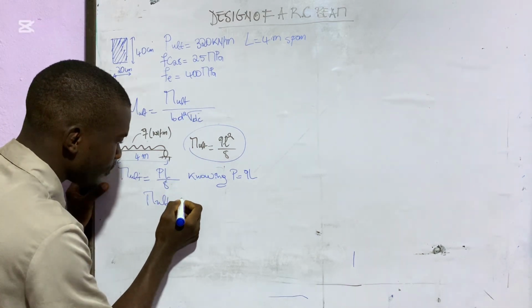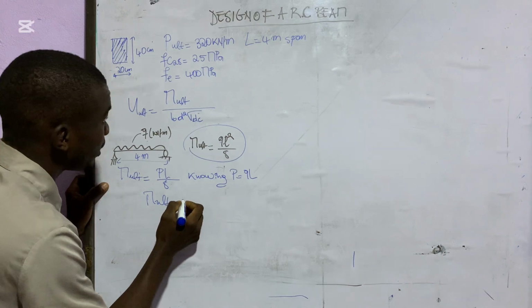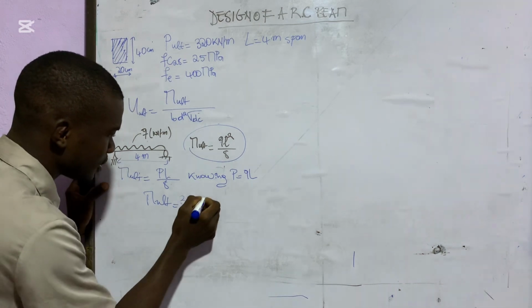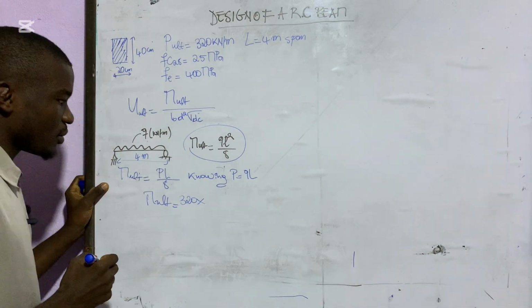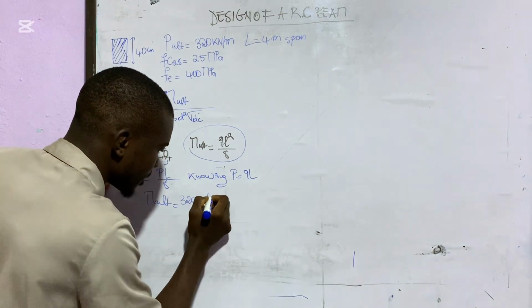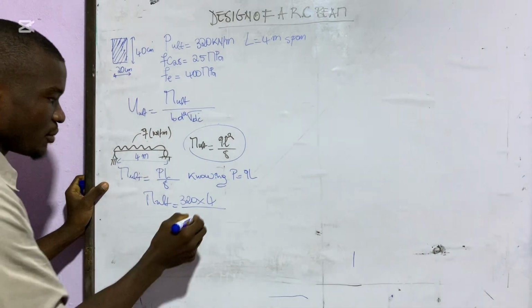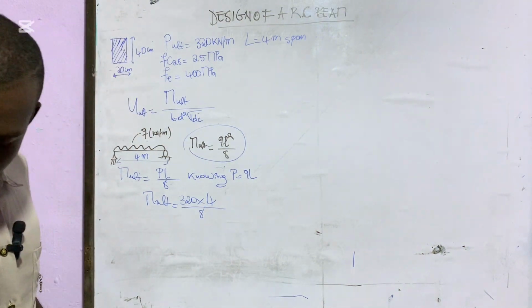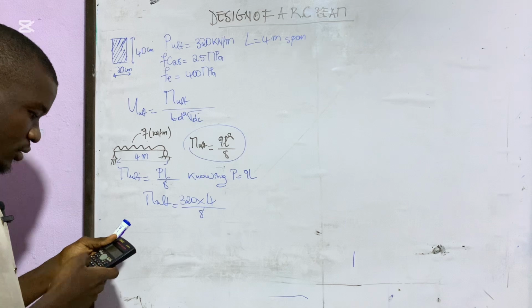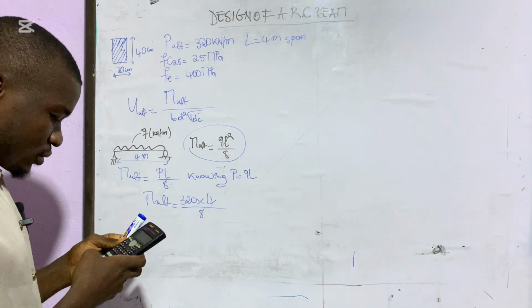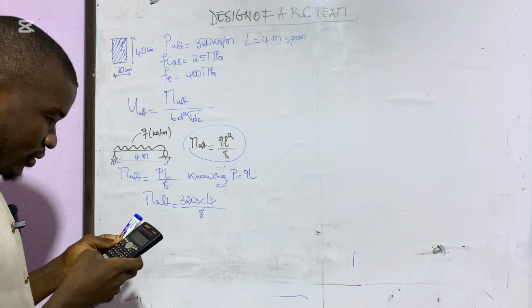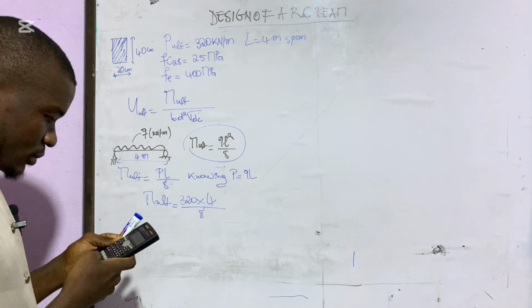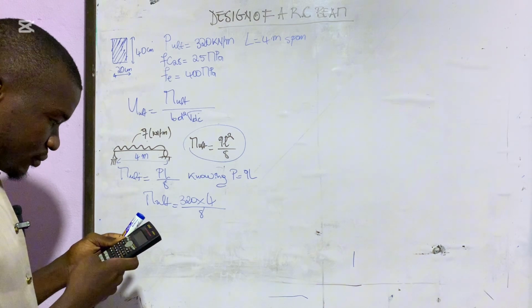So we'll simply have PL: P ultimate, 220, times the span of our beam, which is 4 meters, divided by 8. Doing the numerical application, you have 220 divided by 4, multiplied by 4 instead, divided by 8.